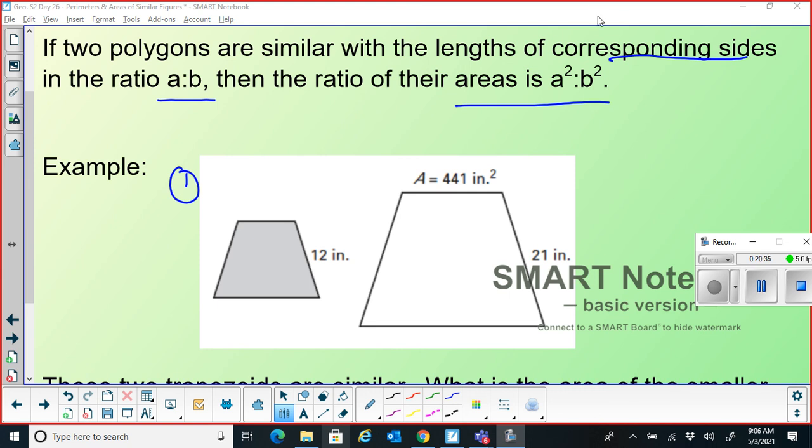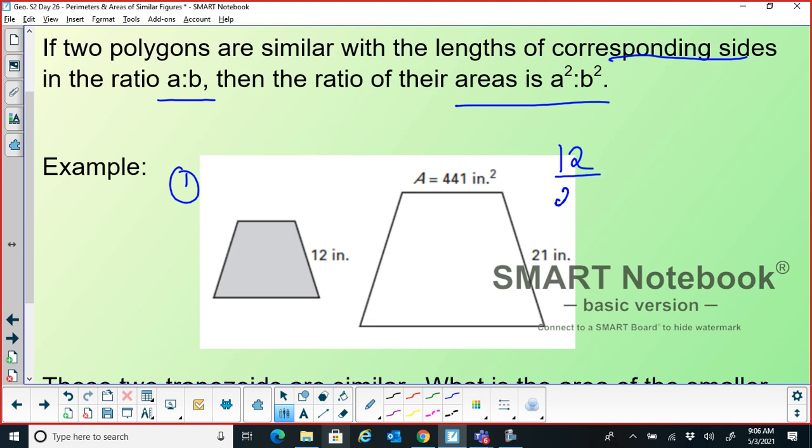Okay, let's see an example based on that. The ratio of the sides of the smaller trapezoid to the larger trapezoid is nothing but 12 is to 21. If two polygons are similar, the corresponding sides are in the ratio of 12 is to 21, and we want to find the area of the first trapezoid.